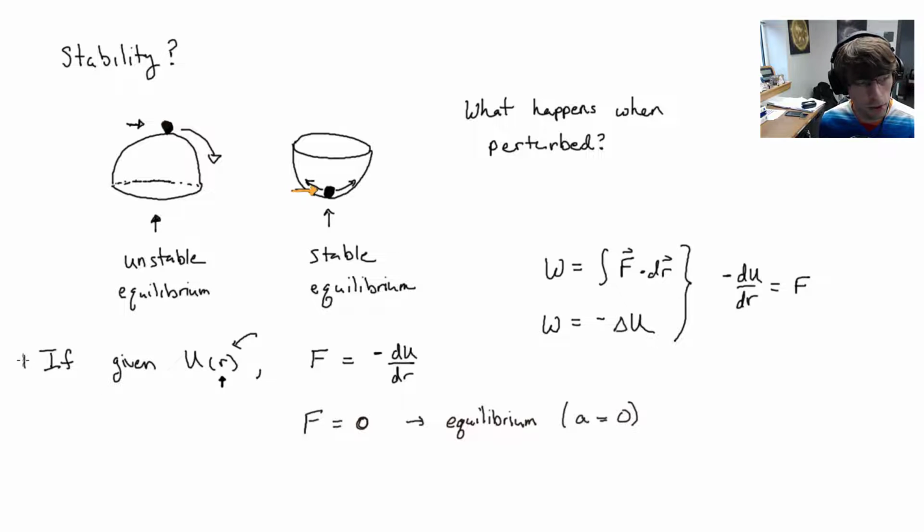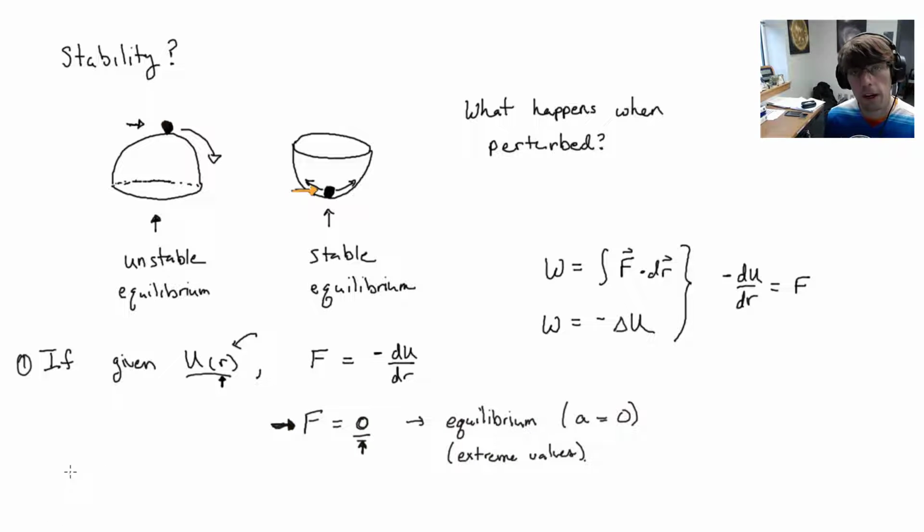So number one is if we're given a potential energy function, we can find the equilibrium, the locations where the object will be in equilibrium, namely the places where the derivative of the potential energy function is equal to 0. Or another way to say it is the extreme values. That's what we're really finding here. But now we want to assess: are these locations where the object is in equilibrium a stable equilibrium or an unstable equilibrium?